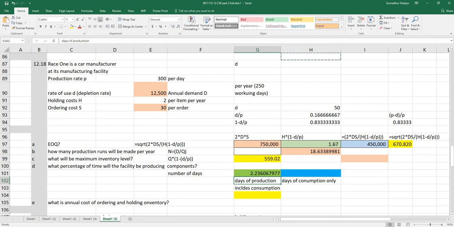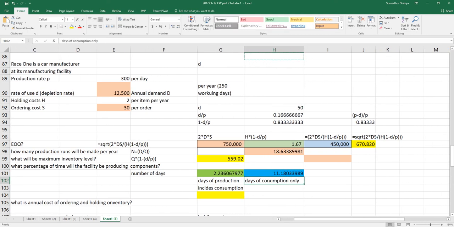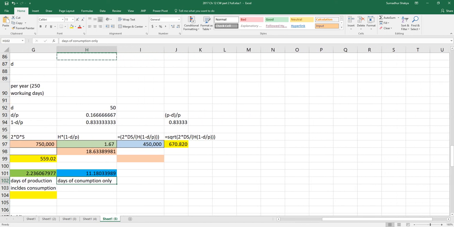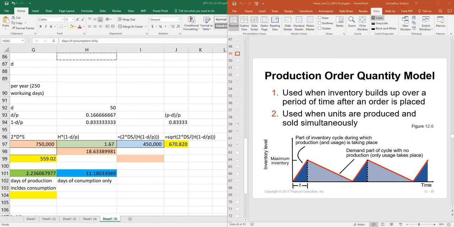And the days of consumption only would be how long it takes for them to finish this maximum inventory level reached at the rate of 50 units a day. If they consume 50 units a day, this 559 would last them 11.18 days. So let's understand what we have here.